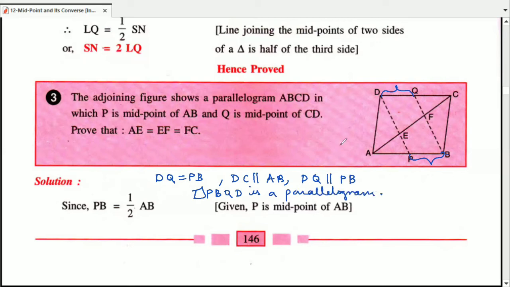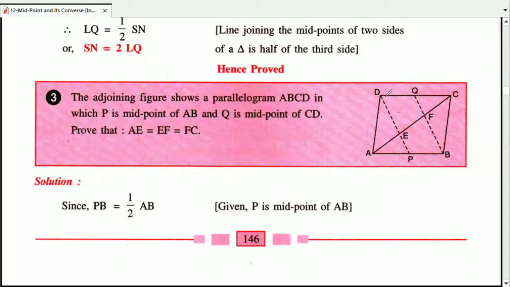So if it is a parallelogram, then the other two sides are also parallel to each other. Therefore, QB is parallel to DP. Now here we can consider triangle DCE.